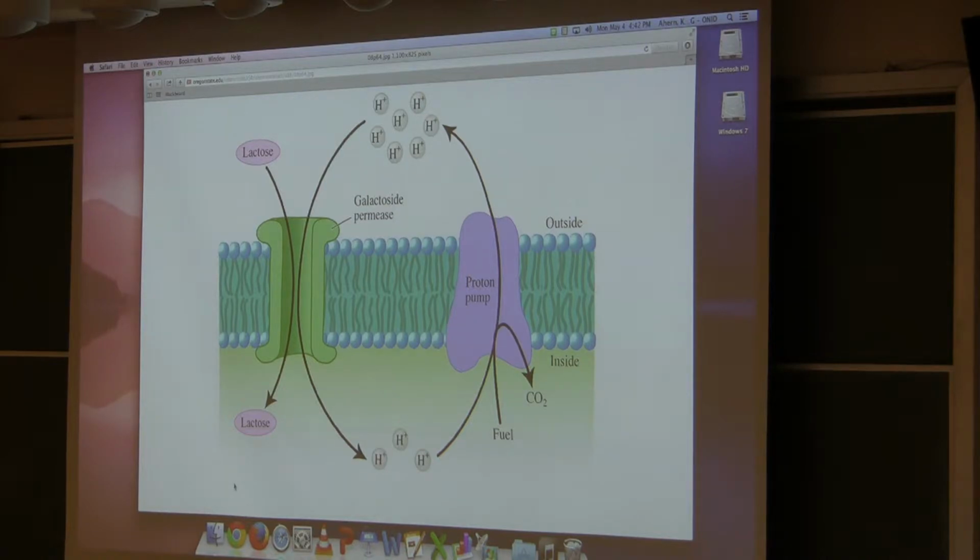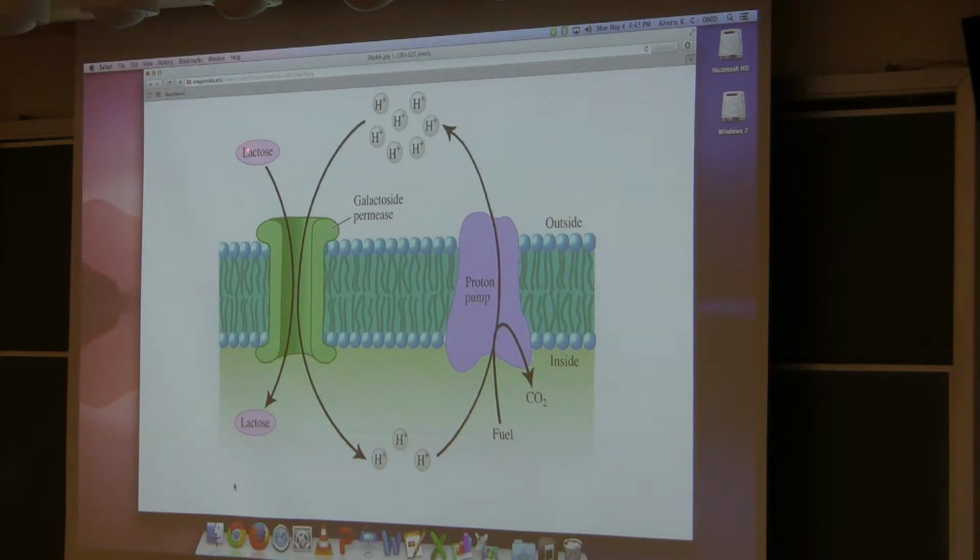So to answer your question, the reason I show this figure is it shows how a cell can use a concentration gradient as a source of energy. Now the source of energy is important because this mechanism is used to bring something against a concentration gradient.